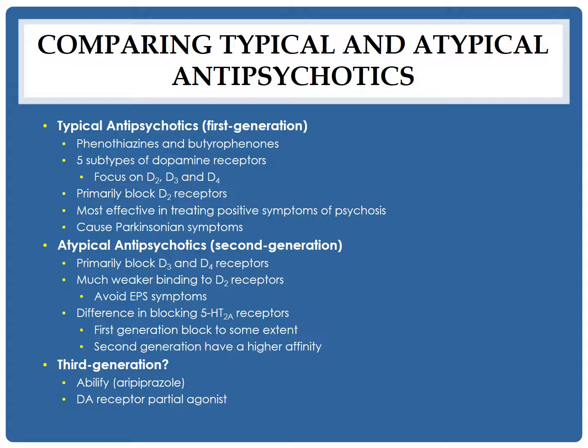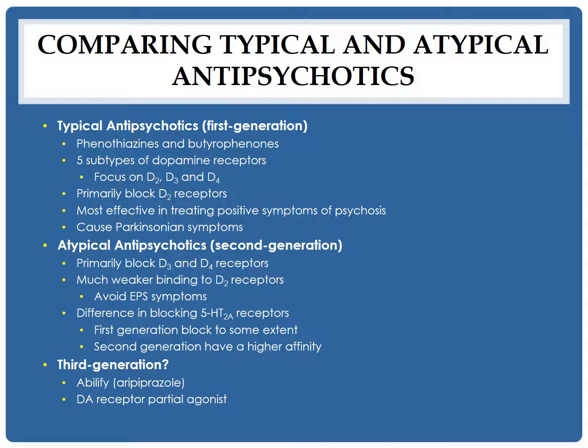There are 5 subtypes of dopamine receptors: D1, D2, D3, D4, and D5. D2, 3, and 4 are the dopamine receptors of primary interest for psychotic symptoms. The typical antipsychotics primarily block the D2 receptors.